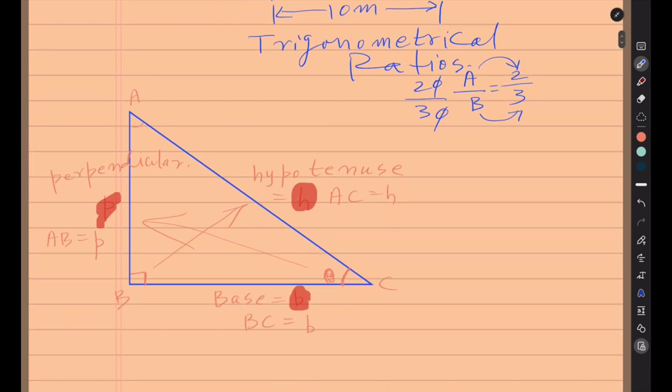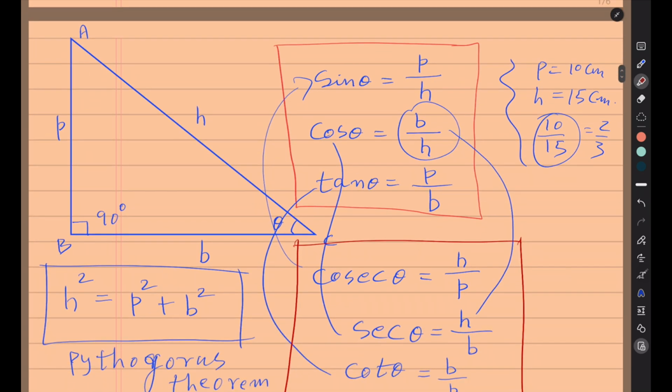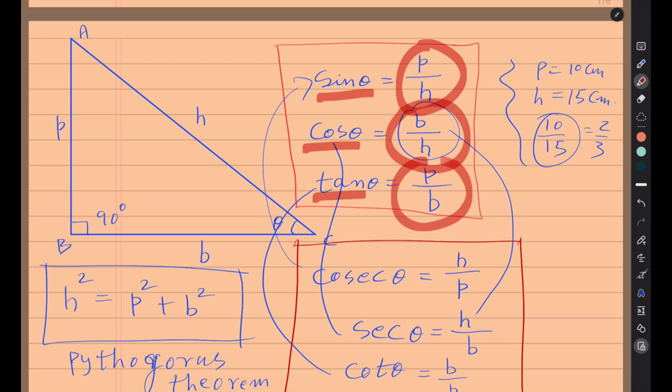And then we defined trigonometrical ratios. First of all, we defined what is base, perpendicular, and height. Afterwards, we defined three ratios: sine theta, cos theta, tan theta. Sine theta is equal to p by h, cos theta is equal to b by h, and tan theta is equal to p by b. These are the definitions of these different ratios.